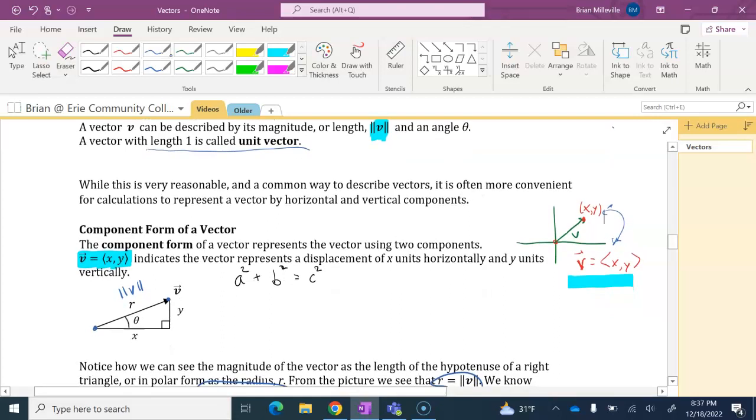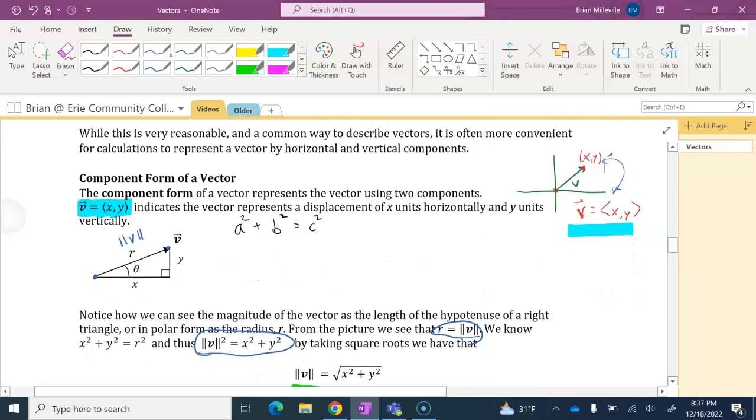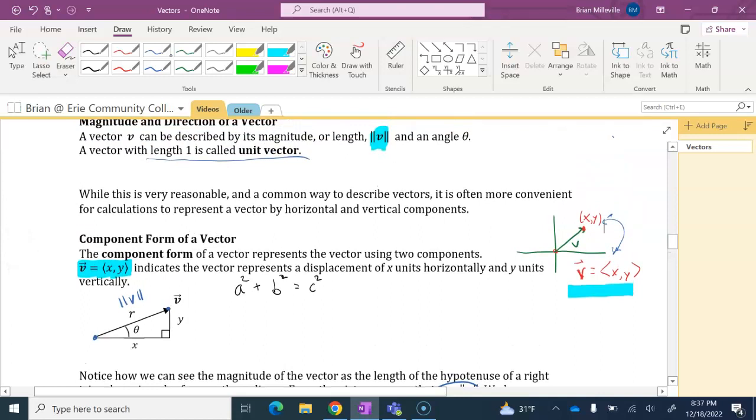One thing is that using the Pythagorean theorem, a squared plus b squared equals c squared, and letting x play the role of a, y play the role of b, and r the role of c, we would get x squared plus y squared would equal r squared.